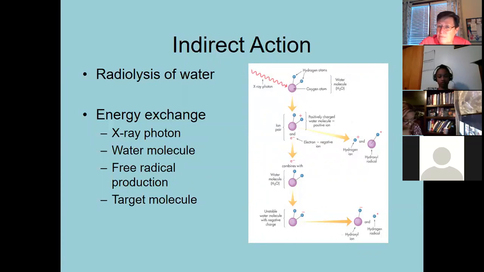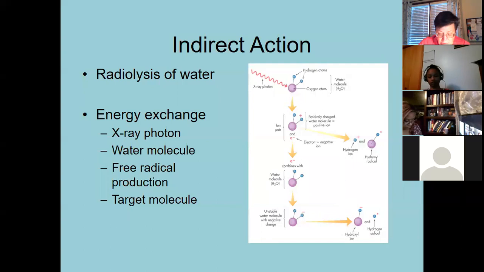Well, here is the most likely pathway. Our incoming X-ray photon will interact with a water molecule. The water molecule will be ionized. It will then break apart and produce something called free radicals.